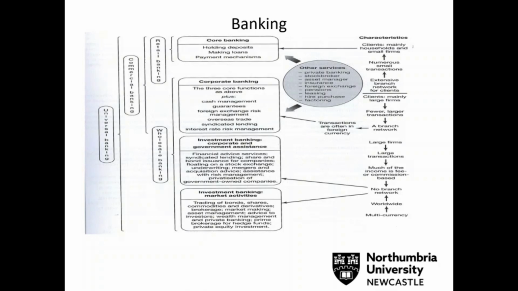So we may just call banks banks, but in the banking industry, banks are broken down into various different types. But a bank, or a brand if you want to call it, might do all the types of banking. So like HSBC, it is a retail bank, it is a corporate bank, it's an investment bank.